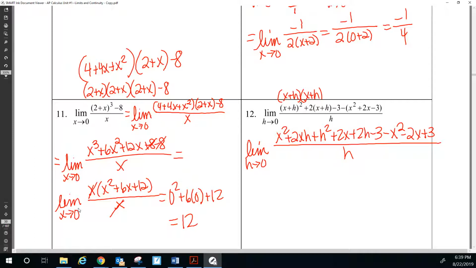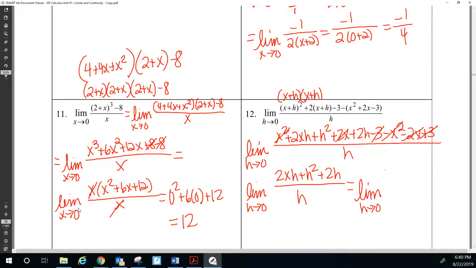All right, so I've got x squared and negative x squared. I've got 3 and negative 3. I've got 2x and negative 2x. So that gives me the limit as h goes to 0 of 2xh plus h squared plus 2h, over h. Well, what do these all have in common? An h, Miss Harris, an h.